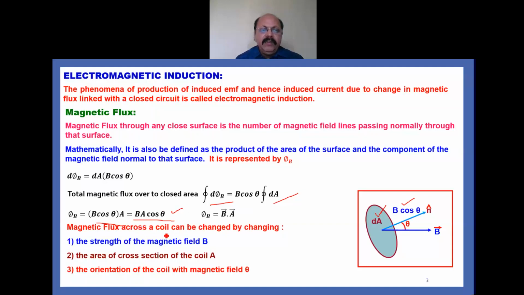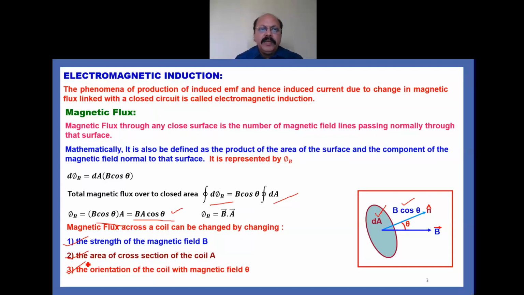So the magnetic flux across a coil can be changed by changing the strength of magnetic field, area of cross section of the coil, or orientation of the coil with magnetic field. So if any one of these three changes, then the magnetic flux also changes.